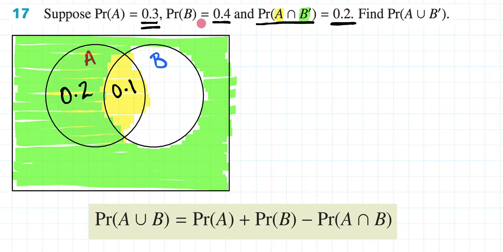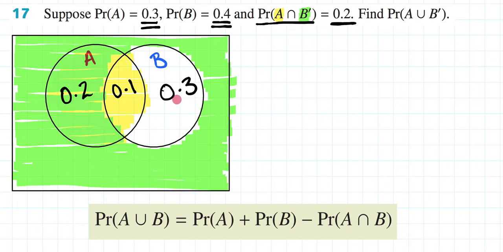So too, I know that the entire probability of B is 0.4. So the B only area must have a probability of 0.3, because 0.3 plus 0.1 is 0.4. Perfect.